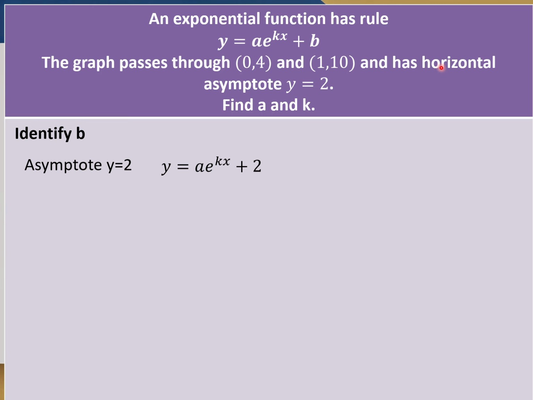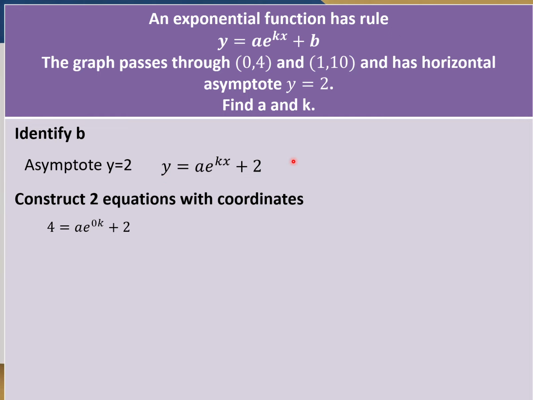Likewise, in the last couple of questions we've done, it goes back to doing exactly the same. We've got 2 points, we construct 2 equations. So I'll use 0 and 4, and then I'm going to use my next equation in a minute. But first, 0 times k is just 0. e to the power of 0 is 1, so a must be 2.